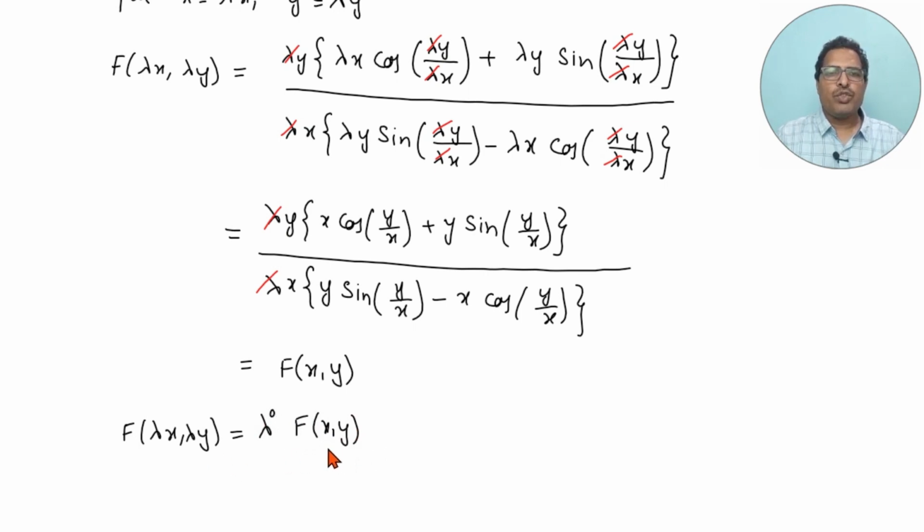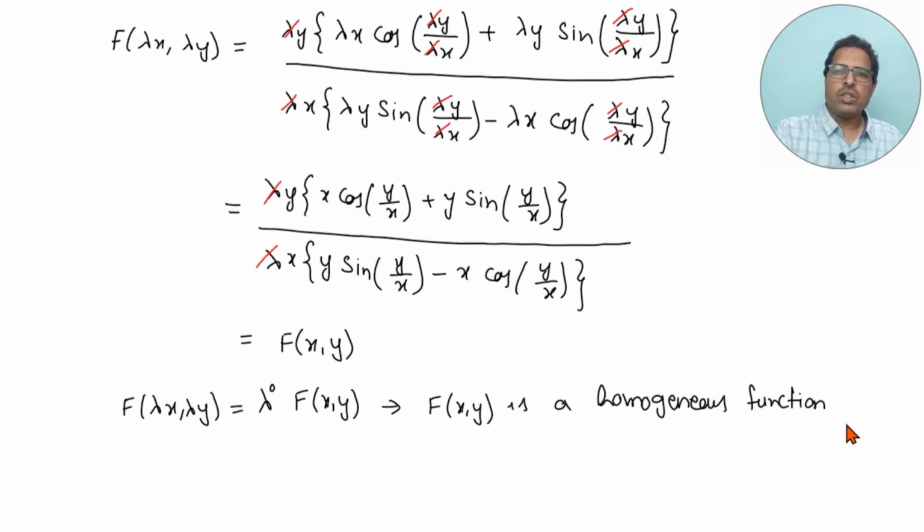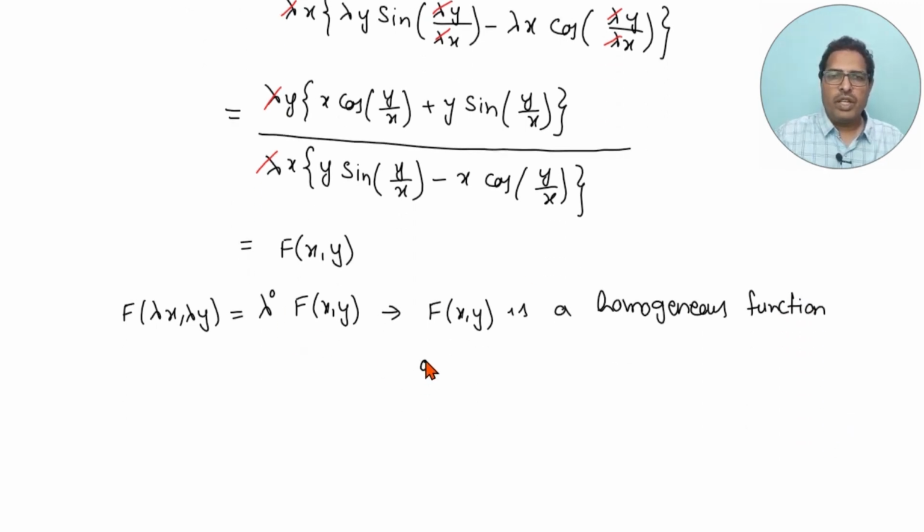So when you get it in this form, we can say that the given function f of x comma y is a homogeneous function of degree 0.